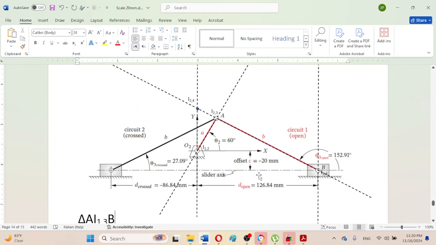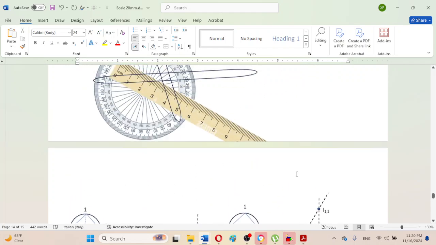I can suggest that first of all we will have to define some scale for length.